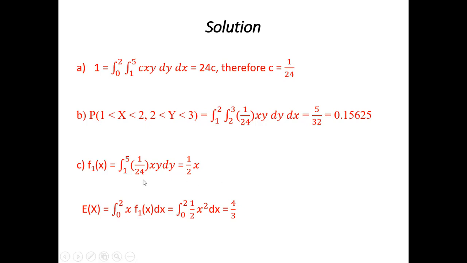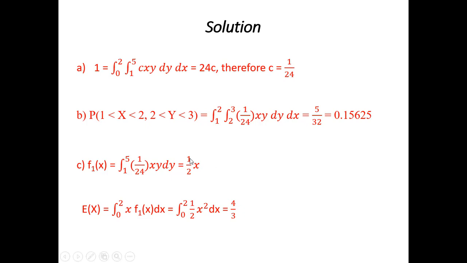Here we would have in our integral 1/24 x times y squared over 2, and then we substitute in these limits, and we should end up with 1/2 x. Again, here x is varying from 0 to 2.